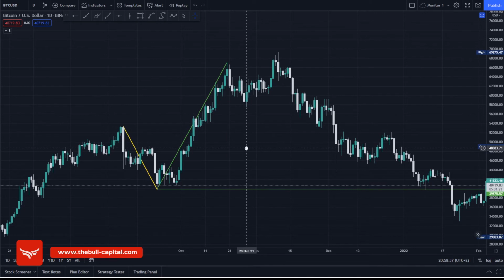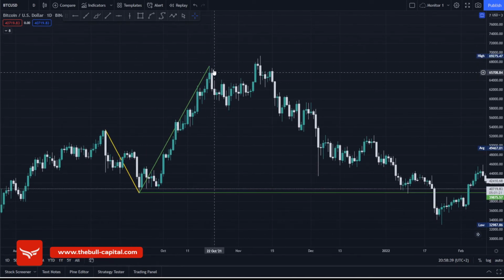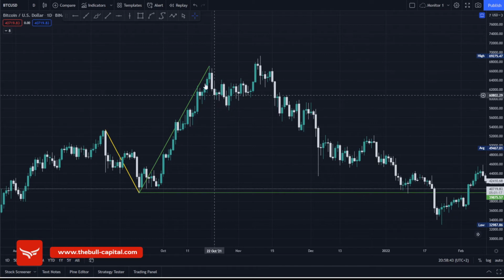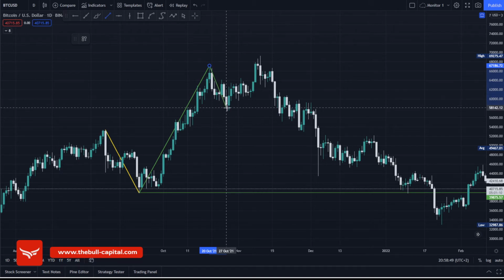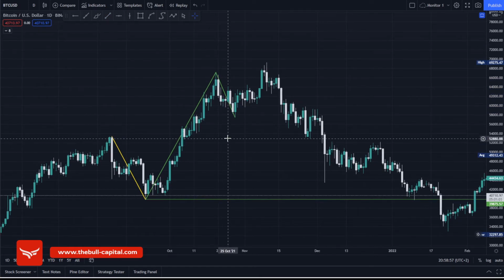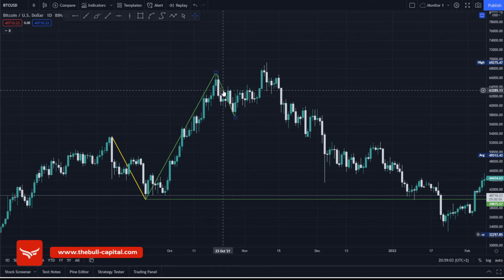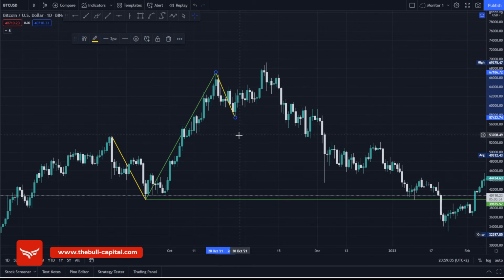Now let's continue. From here the price starts going lower, so we have a swing low, and this is the lowest point. Yes, this is the lowest point, and I'm going to change the color to yellow.